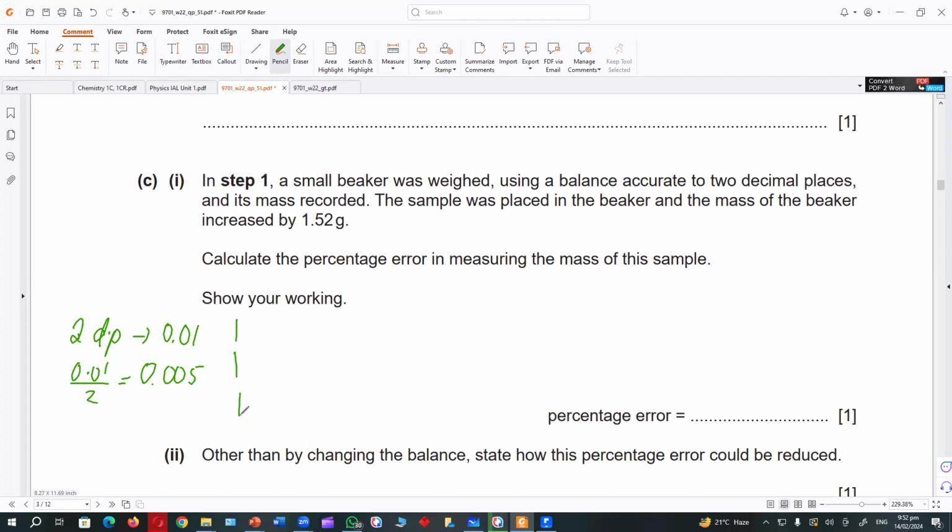So when you take 2 readings in any measurement, the error will be twice. When you take 2 readings from any instrument, the error will increase by a multiple of 2. So the error will be 2 into 0.005, 0.01.